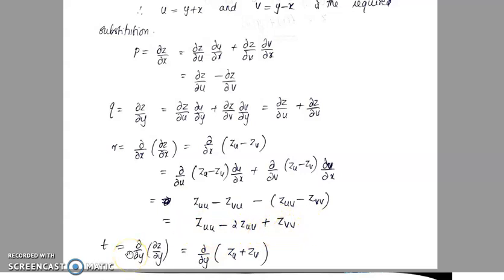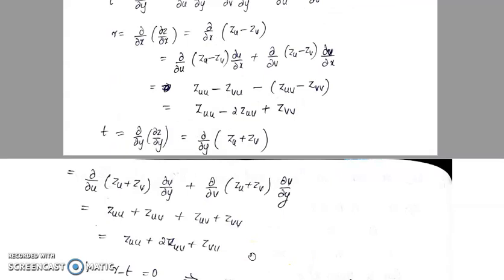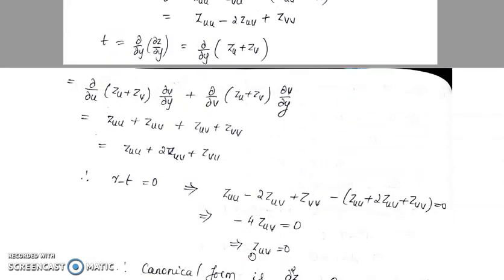Now next we need to find the value of T. T is dou by dou y of dou z by dou y. So that is dou by dou y of zu plus zv. Again using chain rule you will get dou by dou u of zu plus zv into dou u by dou y plus dou by dou v of zu plus zv into dou v by dou y.